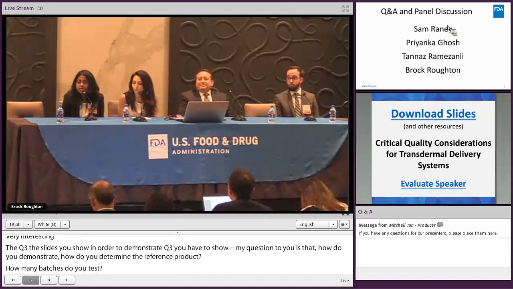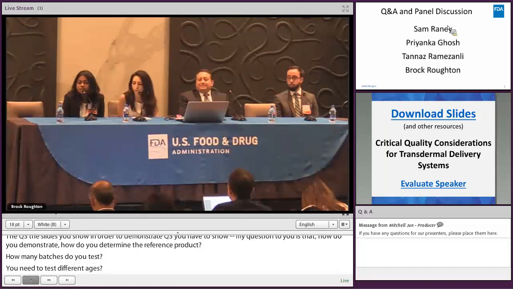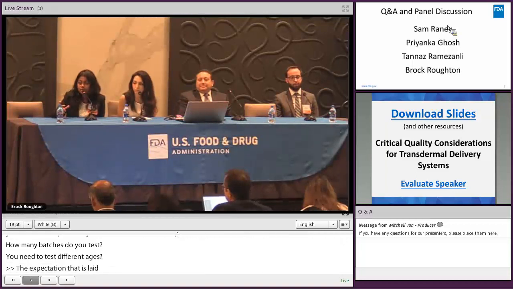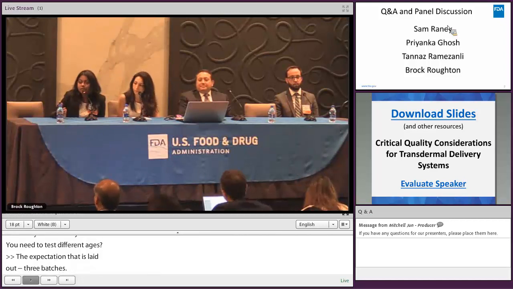The expectation that is laid out within our PSGs is characterizing at least 3 batches of the reference product, if 3 batches are available, and determining the range or the variability that you observed by using that data. Now, what Dr. Ramezanli referred to in terms of aged versus new batches, it could happen, say, for a specific Q3 criteria, such as particle size, that the particle size in the product is growing over time.